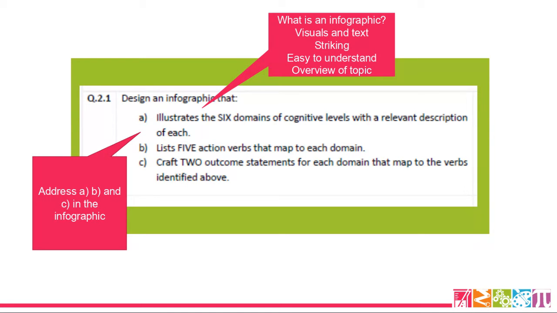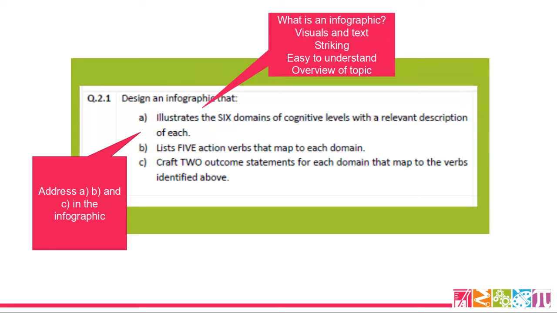So for question 2, you need to create an infographic that illustrates the 6 domains of cognitive levels with a relevant description of each. So remember, your description should be short, the text should be the minimum.